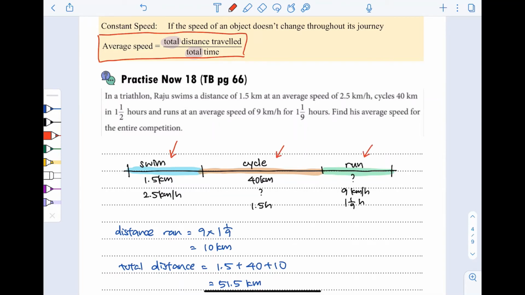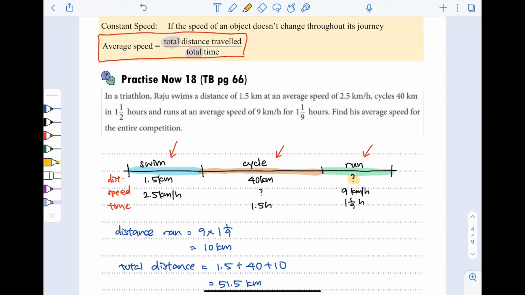I have also sorted out the information that has been given such that the first row is the distance, the next row we have the speed, and the final row we have the time for each section of his triathlon. So with the formula being total distance divided by total time, we notice that we are missing the distance that he ran.